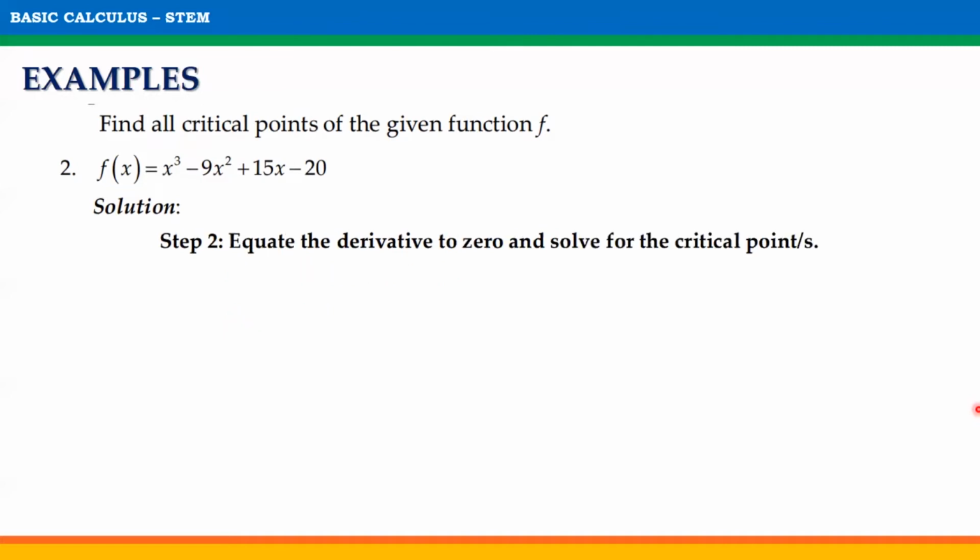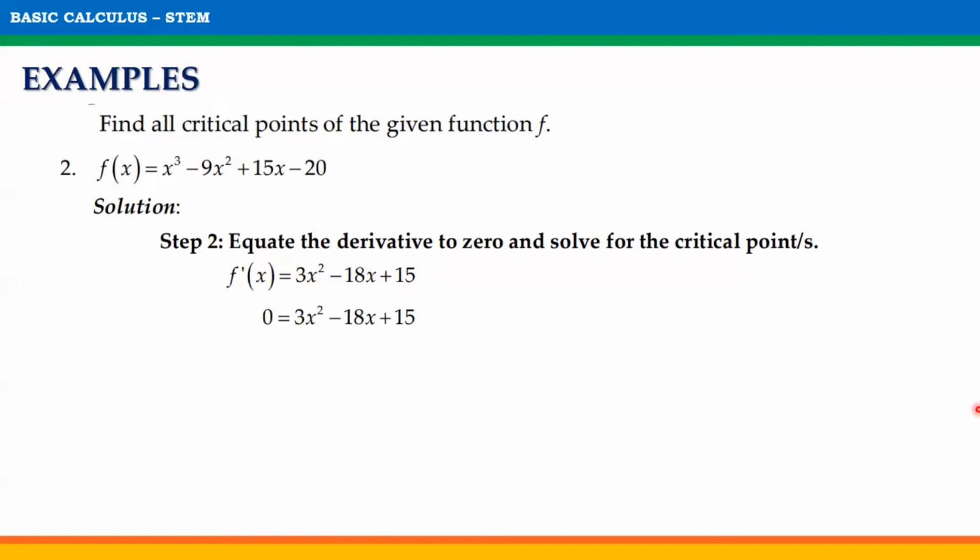For the second step, equate the derivative to 0 and solve for the critical numbers. Since we have the derivative f prime of x equals 3x squared minus 18x plus 15, equating it to 0, we have 0 equals 3x squared minus 18x plus 15.